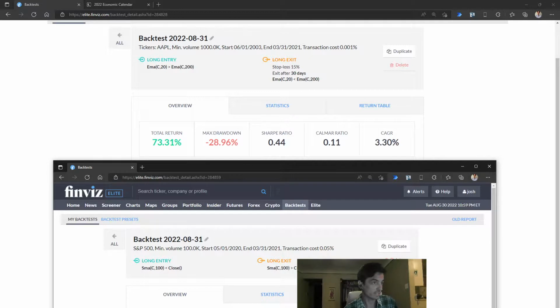I don't really understand what that means. I'm going to say that means that they were in the market way longer. We weren't in the market that much. We got 73%, but only, well, I don't know. Anyways, it's interesting.